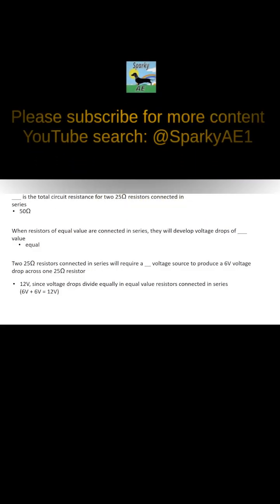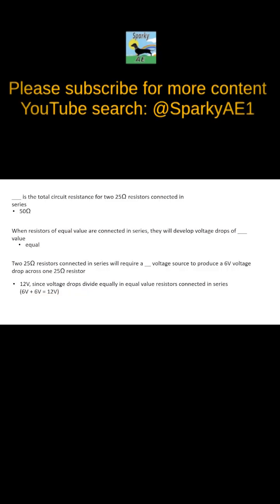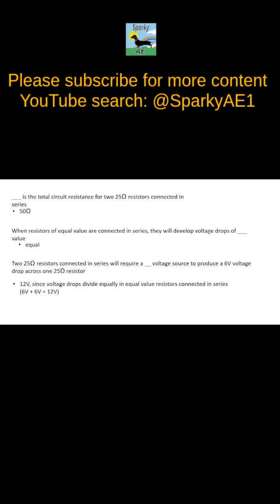That would be 12 volts, since voltage drops divide equally in equal value resistors connected in series. If you have 6 volts plus 6 volts, that would be 12 volts. And if you had a 24 volt source, then the voltage drop at each resistor would be 12 volts.